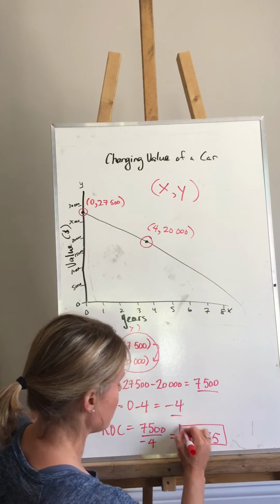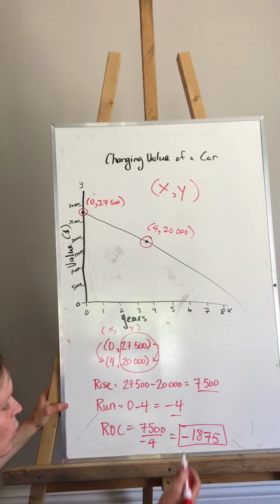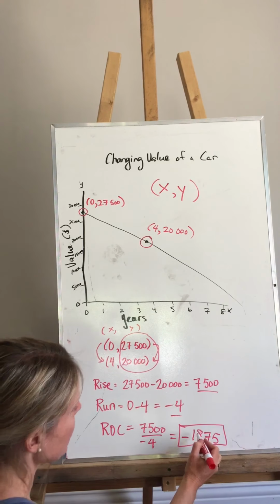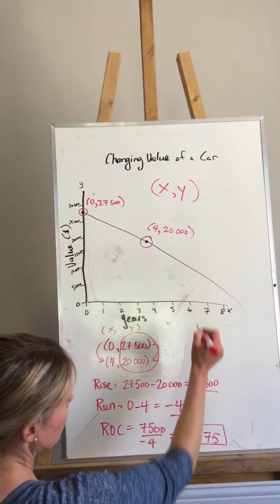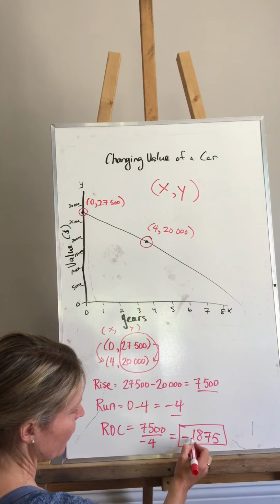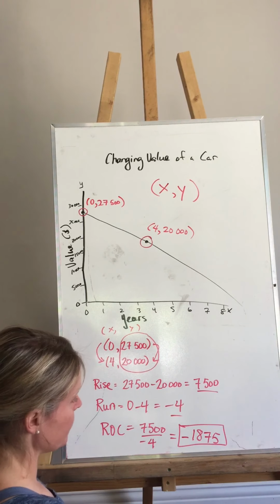That's your rate of change. Okay, so then you should ask yourself each time after you calculate the rate of change, what does that mean? Like, what's that number? That's telling you that every year the value of the car is going down by about $1,875.